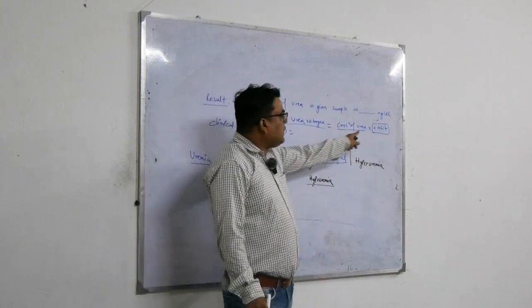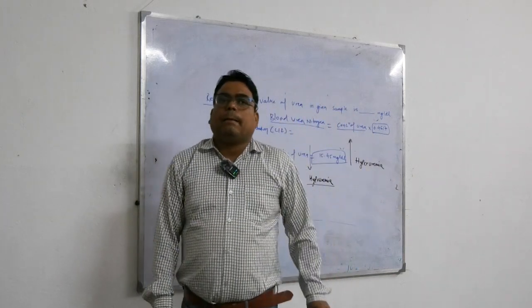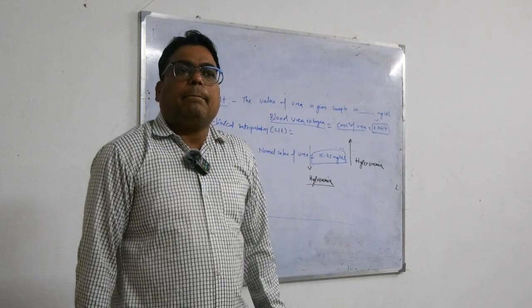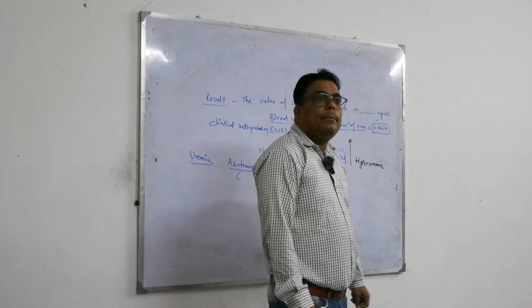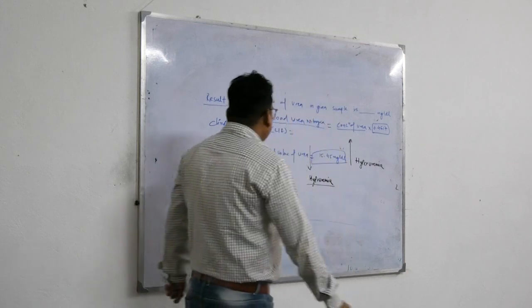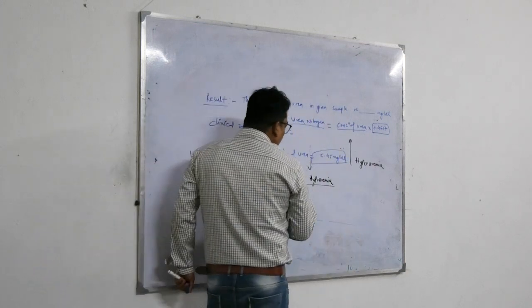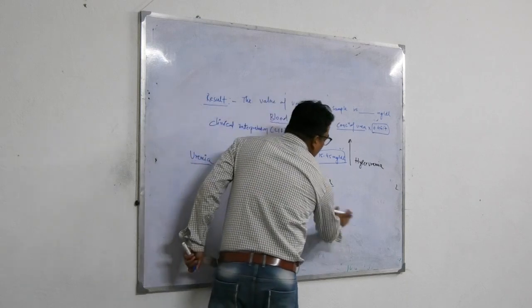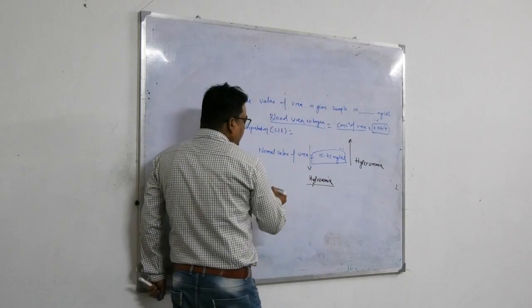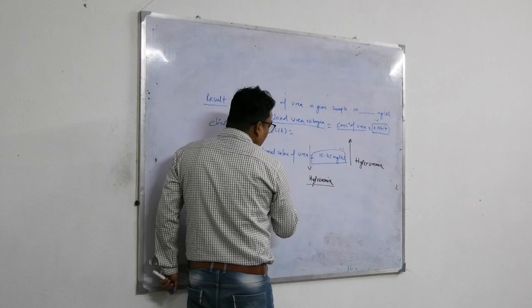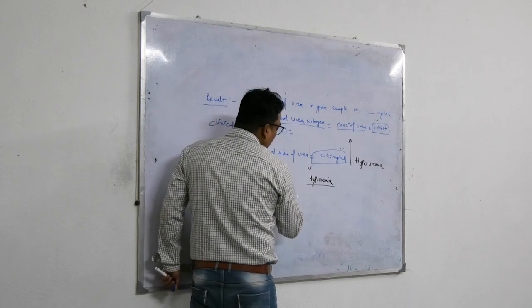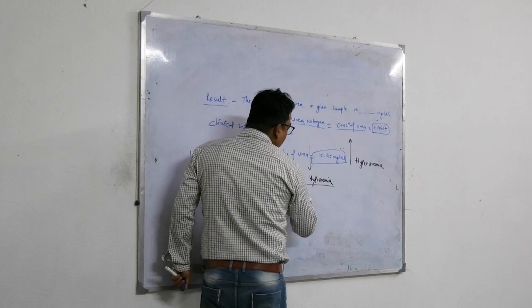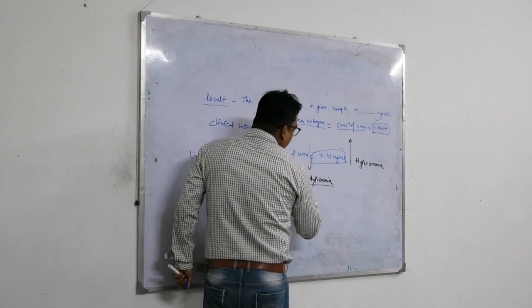This is a factor through which you can calculate the BUN, blood urea nitrogen. How does this factor come? You already know. What is the molecular formula of urea? CO(NH2)2.